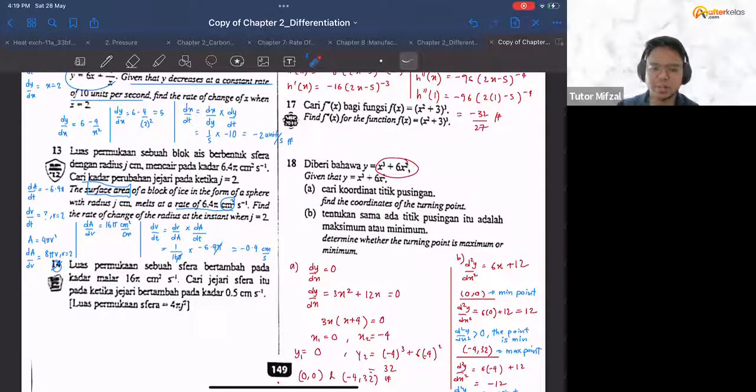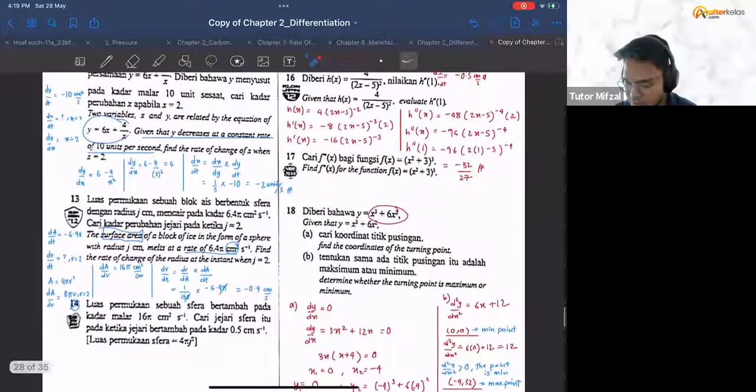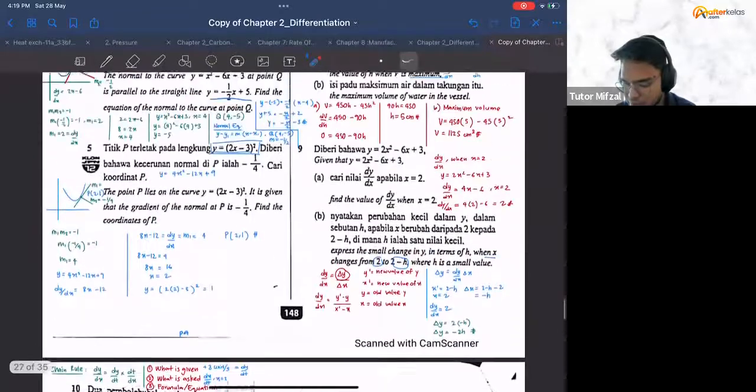So after you have done all of the calculation, you have to say, okay, the X value is suitable because X is greater than 5, for example. There must be a statement at the end of the question to answer the question. Mesti ada statement to answer the question. Alright, so we are done with 18 and we are done with the first paper.